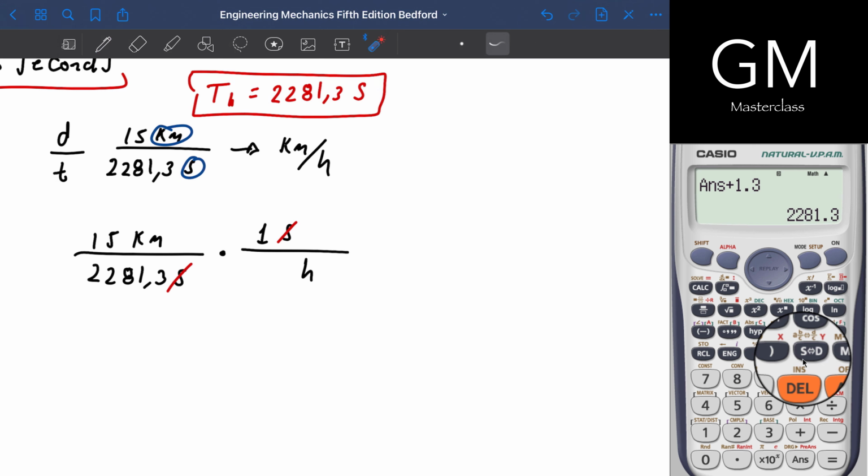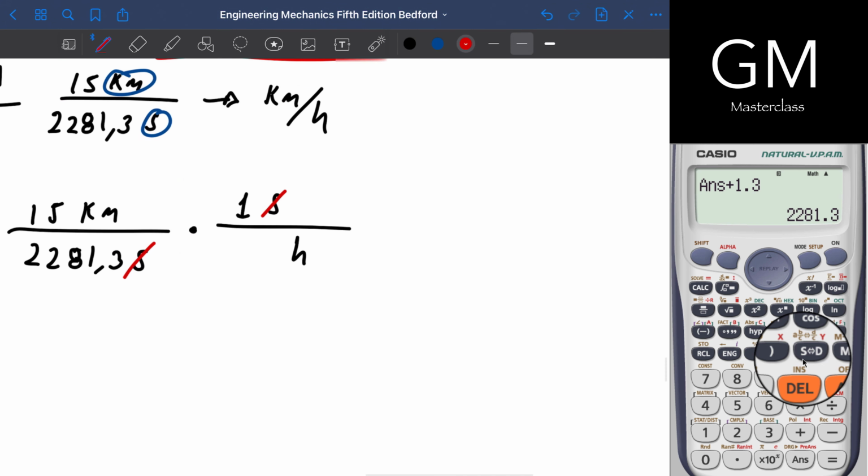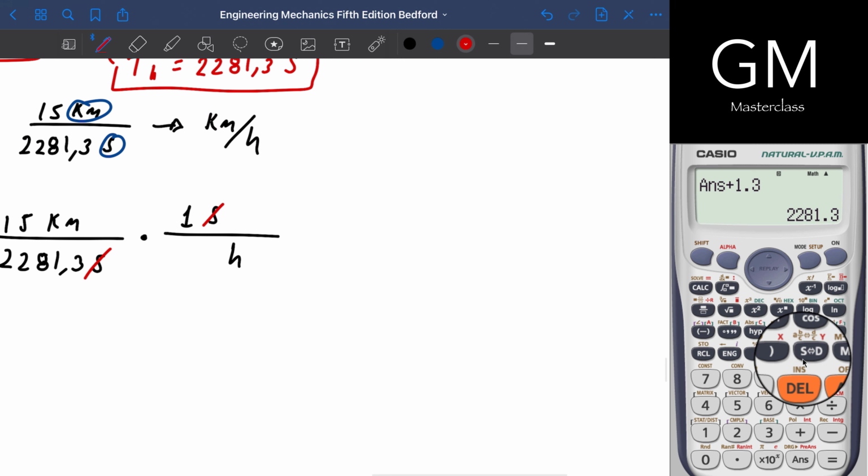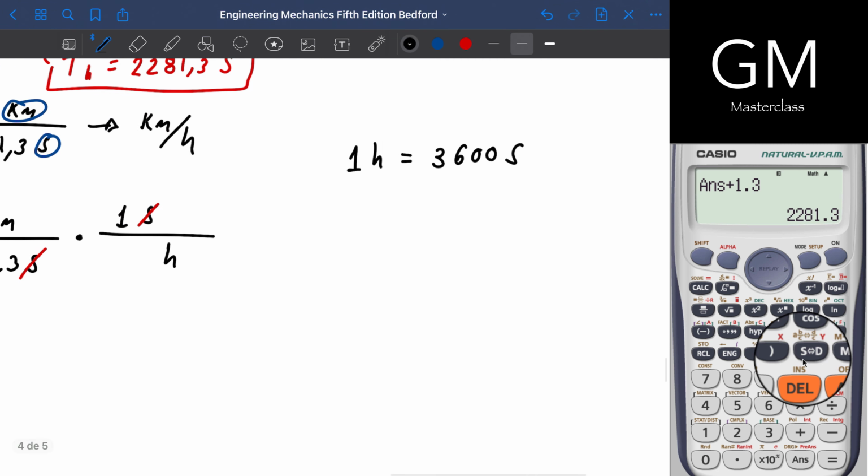So I've put the seconds in the numerator so I can cancel them, because this result is in the denominator of the first division. And I know that 1 hour is equal to 3,600 seconds.